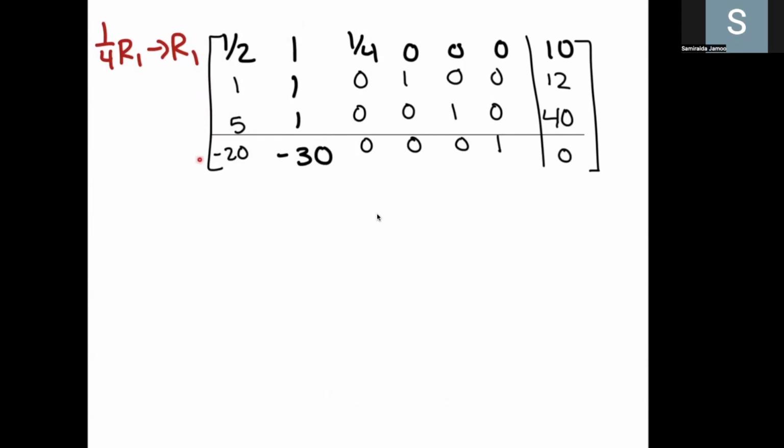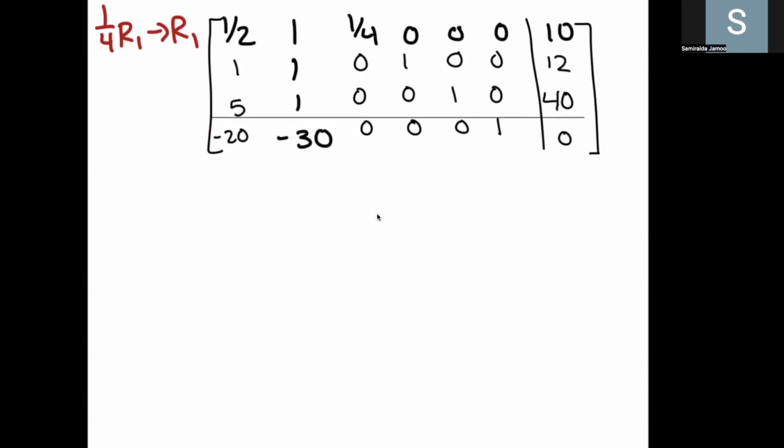Multiply it by +30 added here. So let's do that. Again, multiplying negative row 1 plus row 2 in row 2. Negative row 1 plus row 3 in row 3. And then +30 row 1 plus row 4 in row 4.